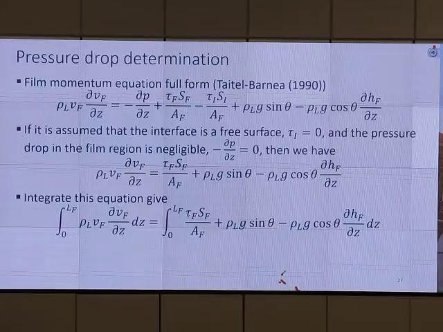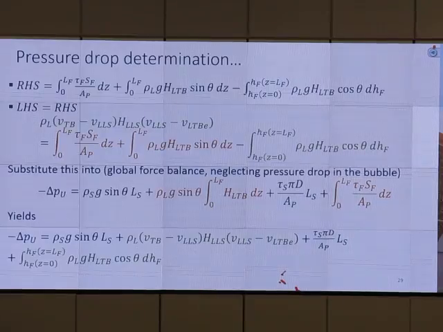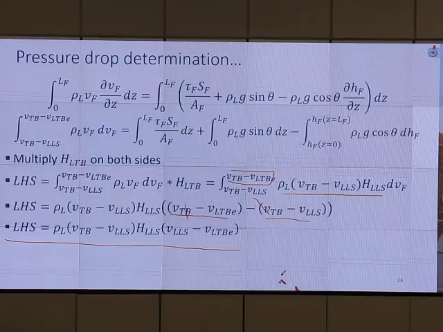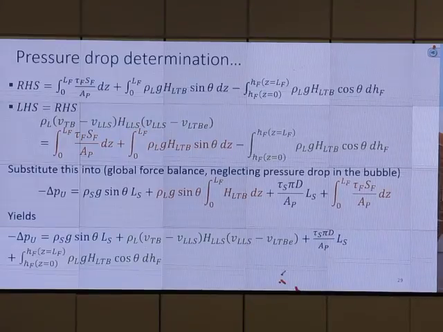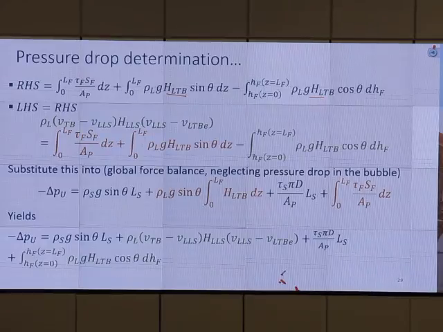For the right hand side, I copy the equation. I didn't do anything, just copied the equation after we multiply by HLTB. So I have HLTB divided by AF, that would be 1 over AF, right?